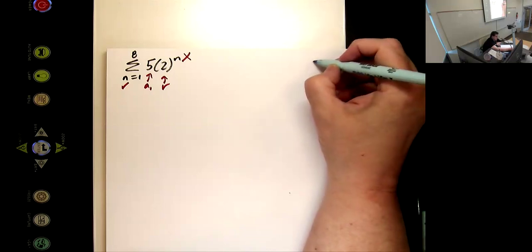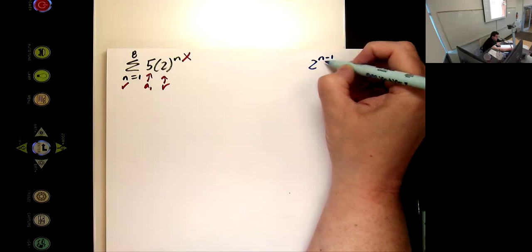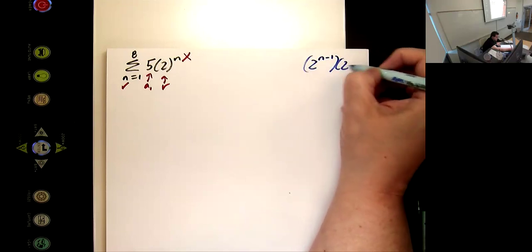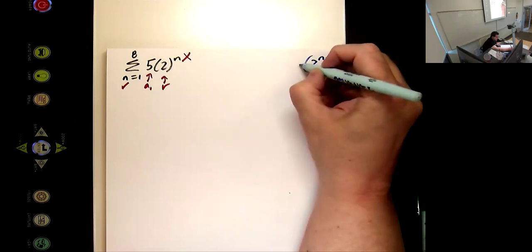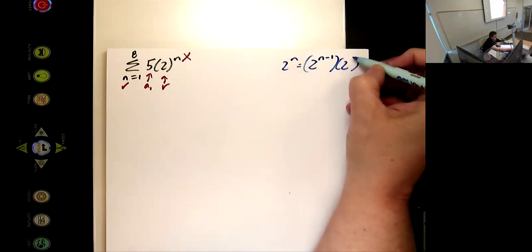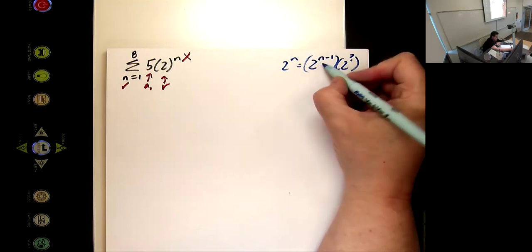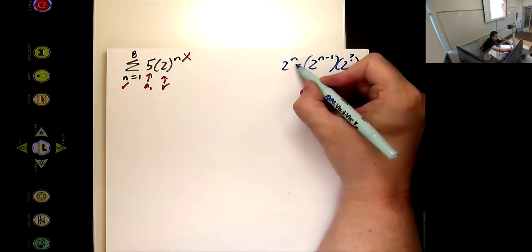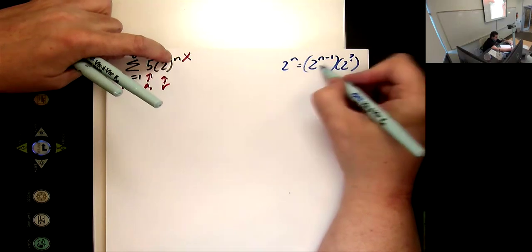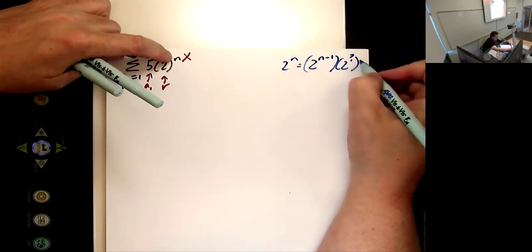What do I have to multiply 2 to the n minus 1 by so that I end up with 2 to the n? 2. So you multiply it by 2. Like if I have n minus 1 here, but I started with n, I want to have 2 to the n minus 1, so I have to peel something off.